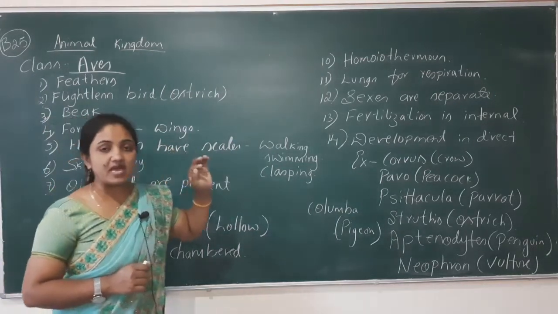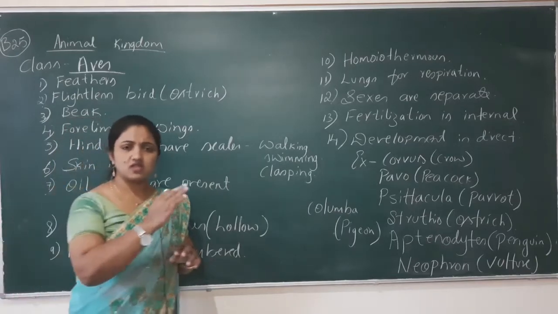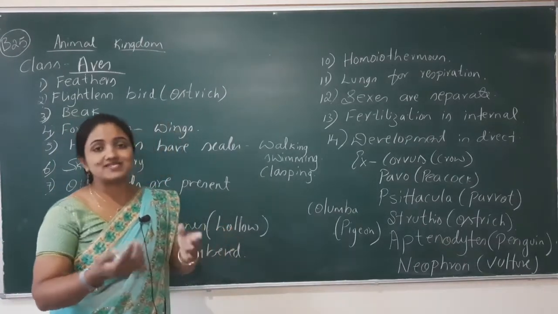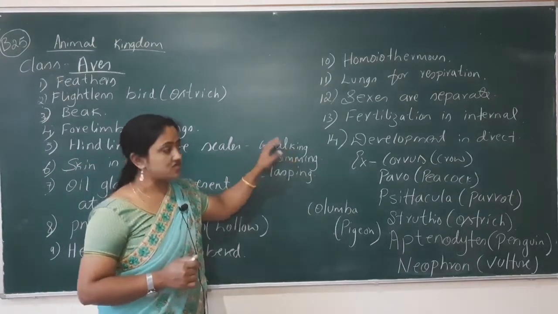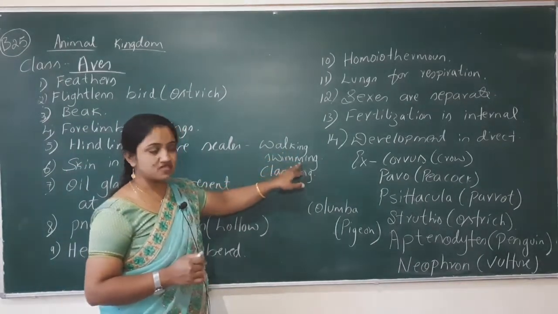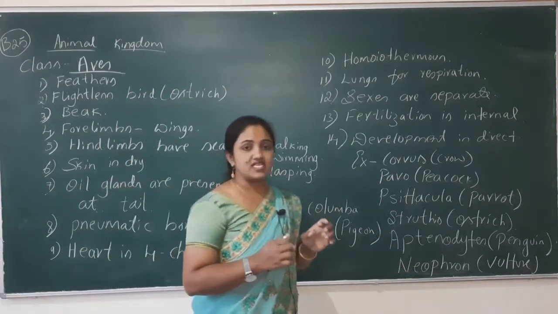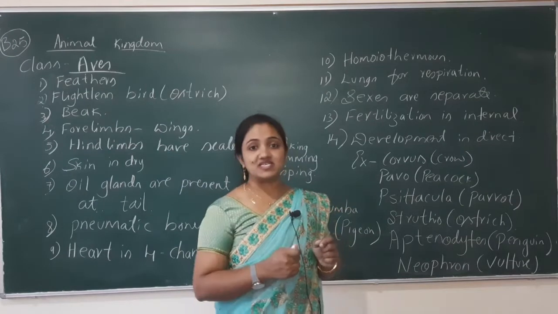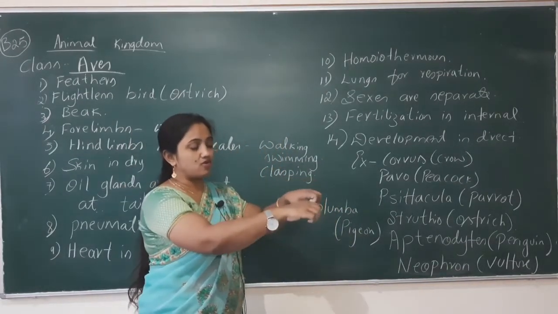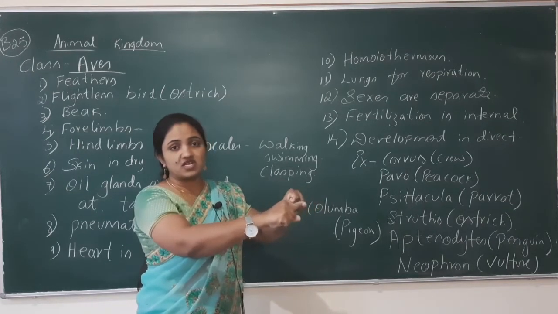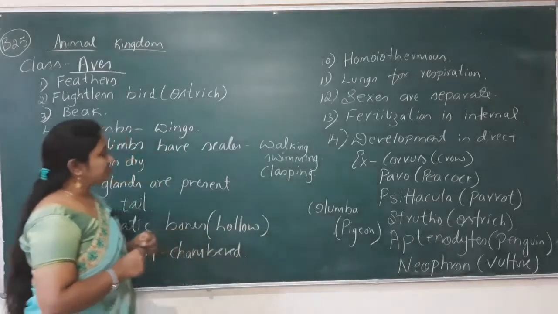Those hind limbs, in almost all the birds, are used for walking or swimming or clasping purpose. Clasping means clasping on the tree, so that it can hold the branches of the tree and sit on the branches.